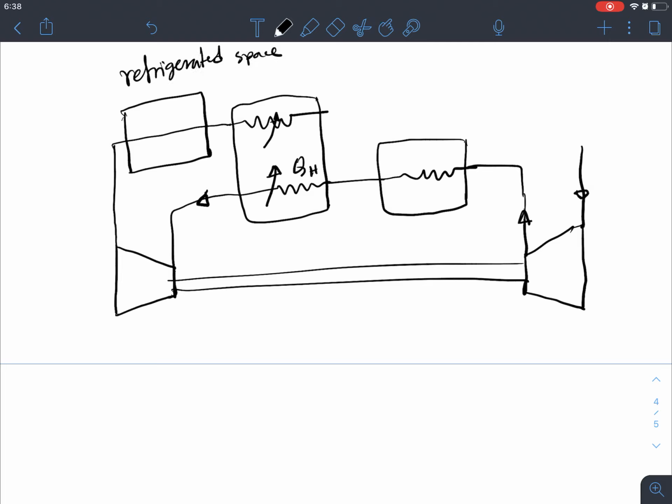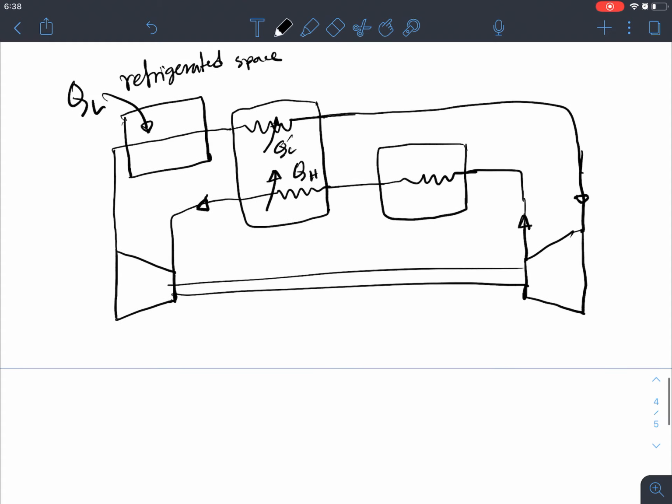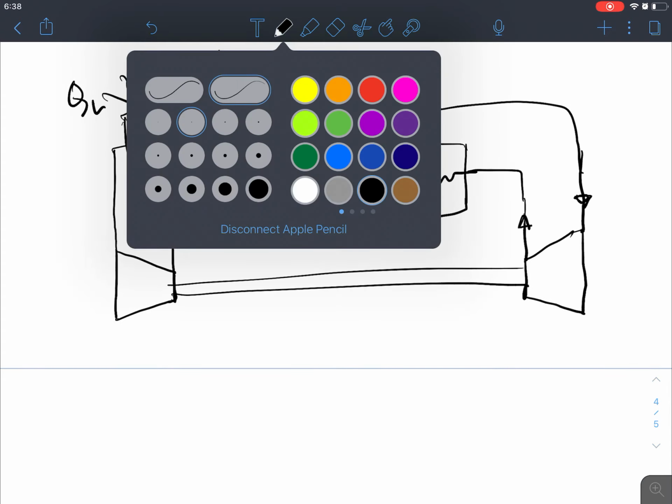Here it is absorbing QL amount of heat, becoming vapor again. It is also absorbing some heat right here, QL prime, and then it becomes vapor again, and that vapor is the input of this compressor, right?